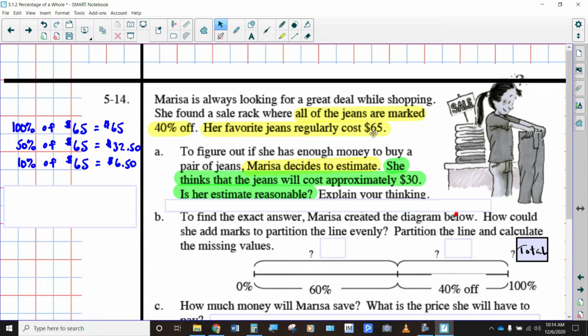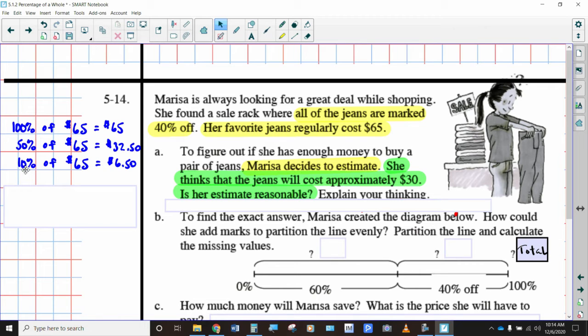For instance, if it regularly costs $65, you know that that represents 100% of the price, correct? That's the total it would normally cost. And since I know how to find 50%, since that's just half of a number, I'm going to mentally figure out, all right, what is 50% of 65? If this were half off, it would be $32.50, right?